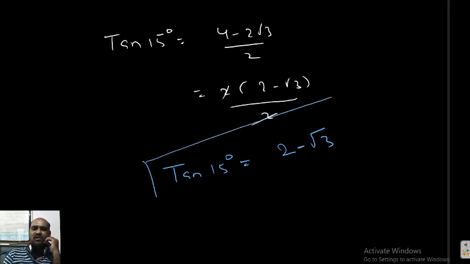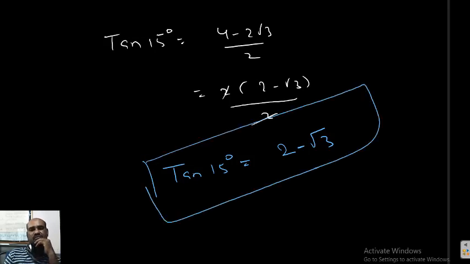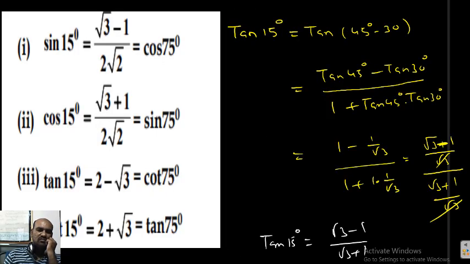This is also one of the standard angles. Tan 15 and cot 75 are both the same, so that's why this is also equal to cot 75 degree. Cot 15 is 2 plus root 3. You people can derive it in a similar way, but you should now remember the cot 15 degree value as 2 plus root 3.